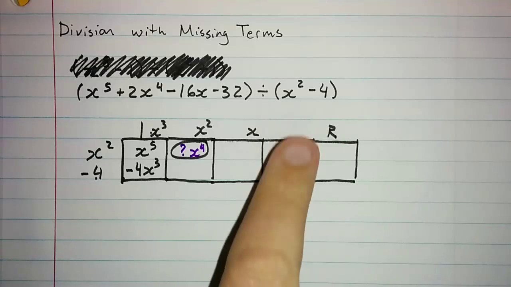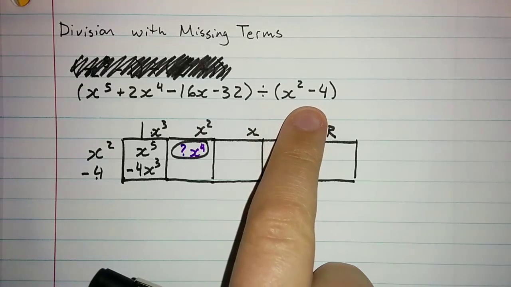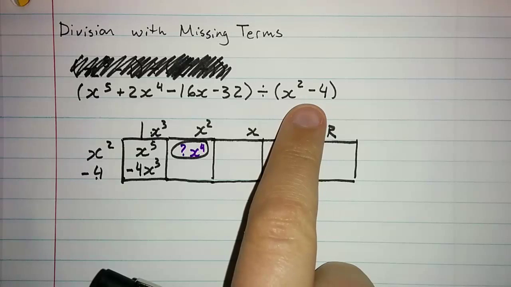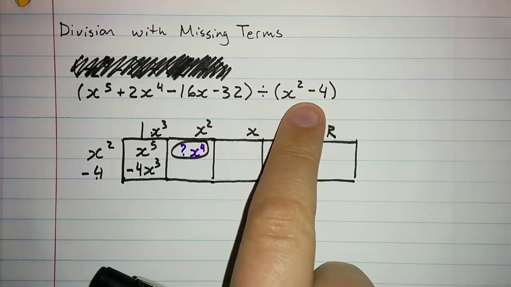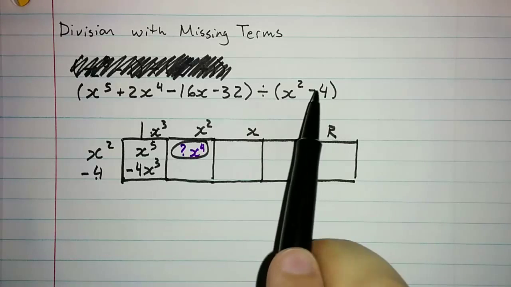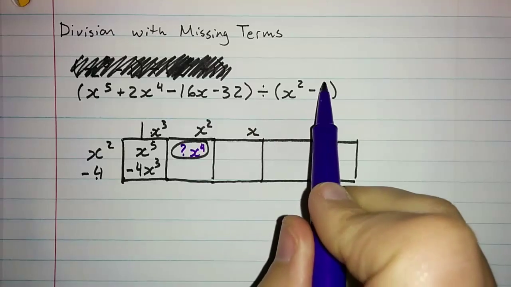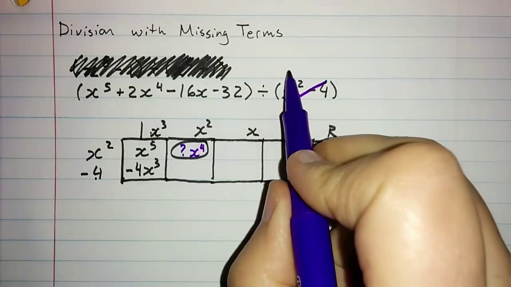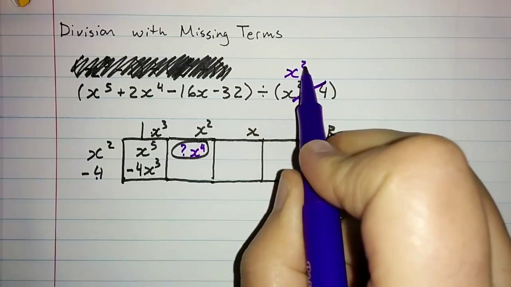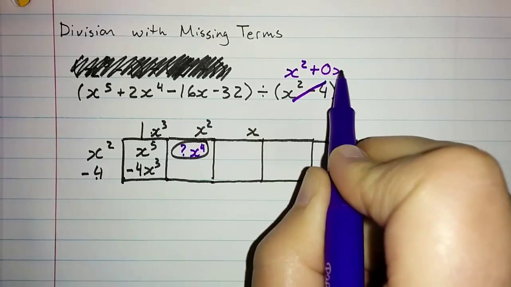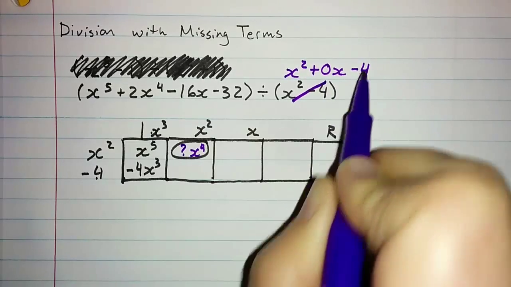Well, notice the problem here is that my divisor is missing an x term. I can put one in. Instead of x squared minus 4, I can write this as x squared plus 0x minus 4.